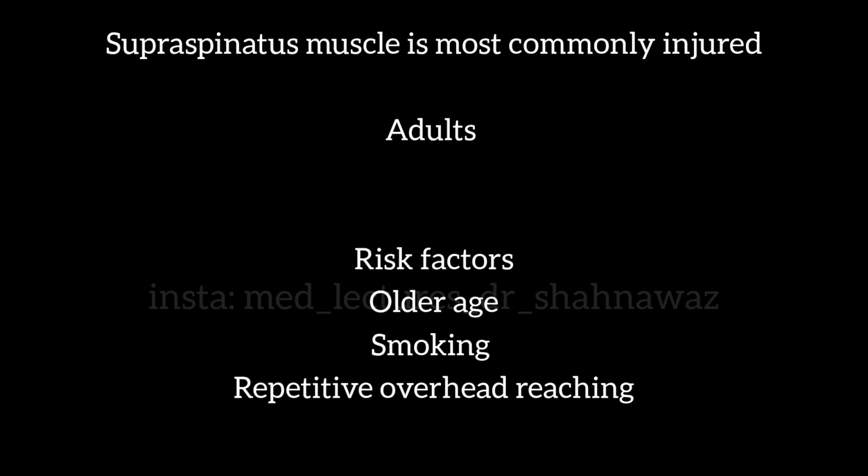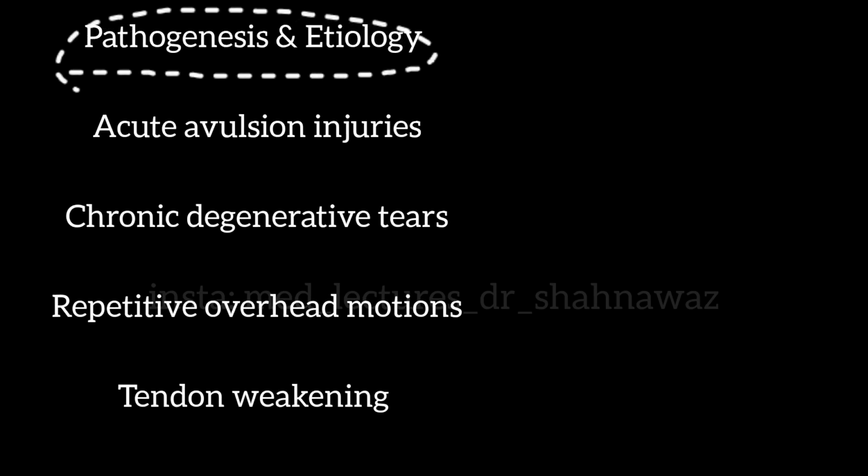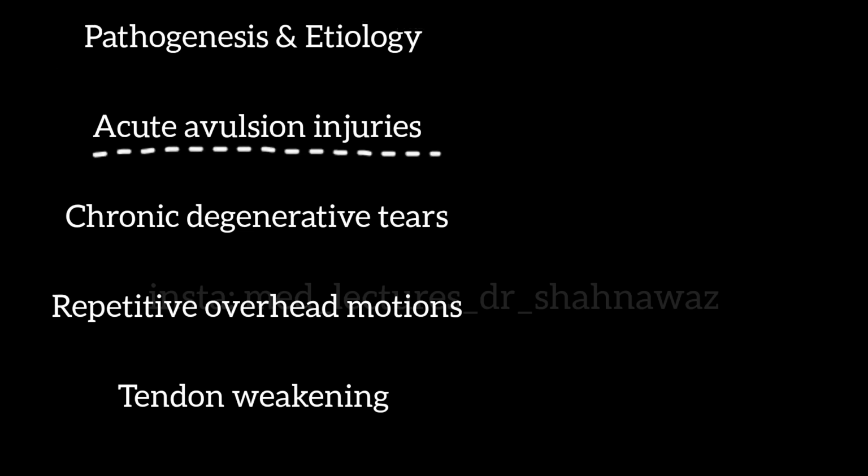Well, we don't waste time, and in this slide I will talk about the pathogenesis, the causes of rotator cuff injuries. Mostly, acute avulsion injuries following trauma may cause tears of the rotator cuff.